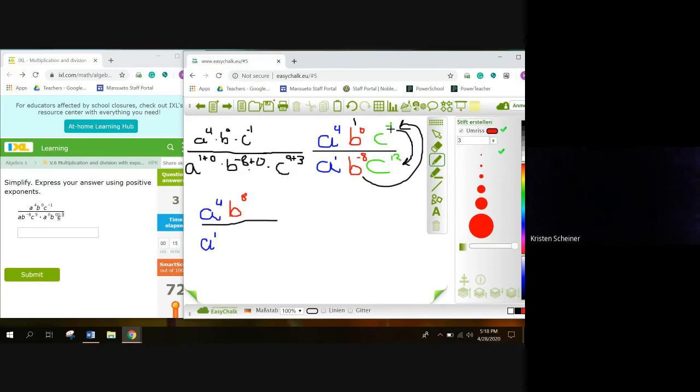Now, the C to the negative 1st didn't like where it's at. It's a negative exponent. We cannot have negative exponents. It moves to the bottom side of the fraction bar. It becomes positive. So we now have C to the 1 plus 12, because that negative 1 came down here and became positive. But we need to remember that we already had C to the 12th here.